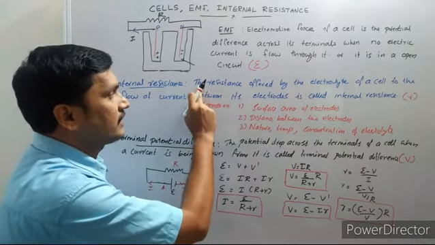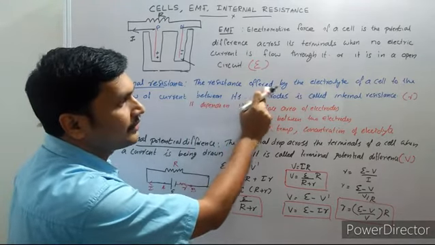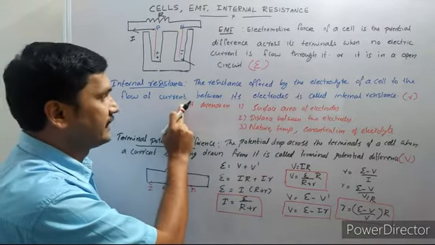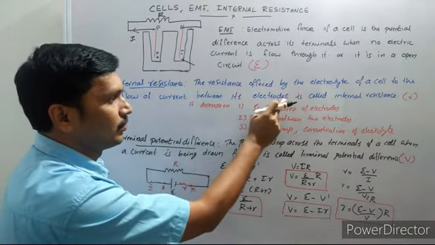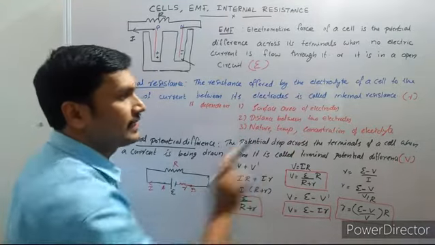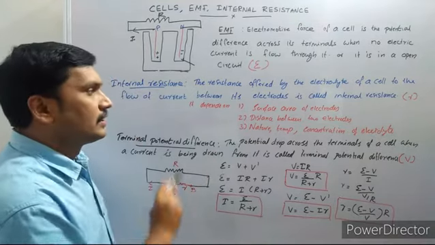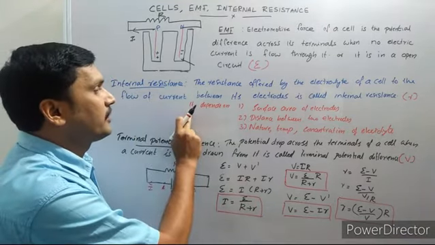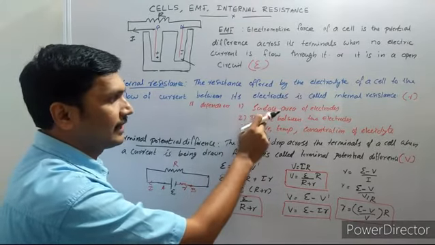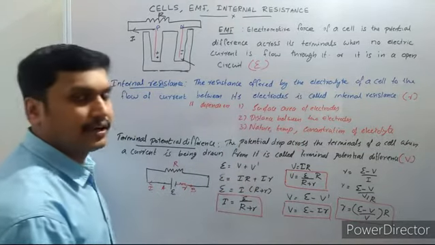The internal resistance is the resistance offered by the electrolyte of a cell to the flow of current between its electrodes, and it is denoted as r. The internal resistance of a cell depends on various factors. The first is the surface area of the electrode.